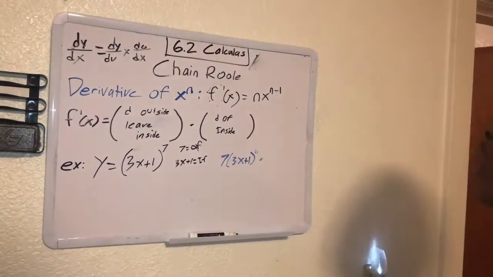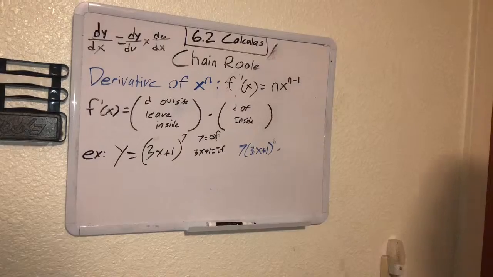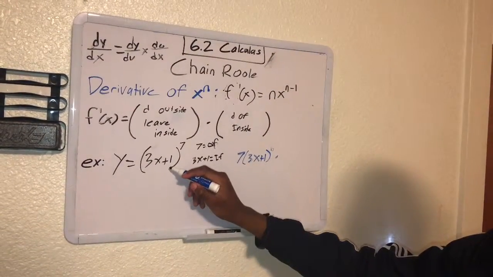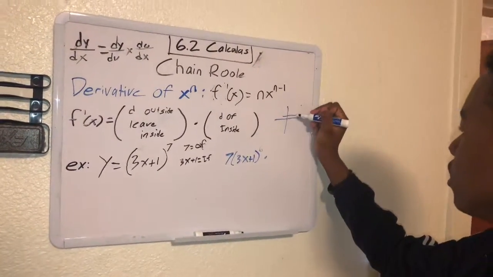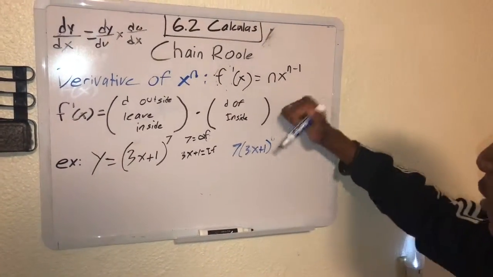Then we multiply that by the derivative of the inside, 3x plus 1. Since 1 is just a horizontal line on a graph, its tangent slope is 0, so you don't have to put anything for that.